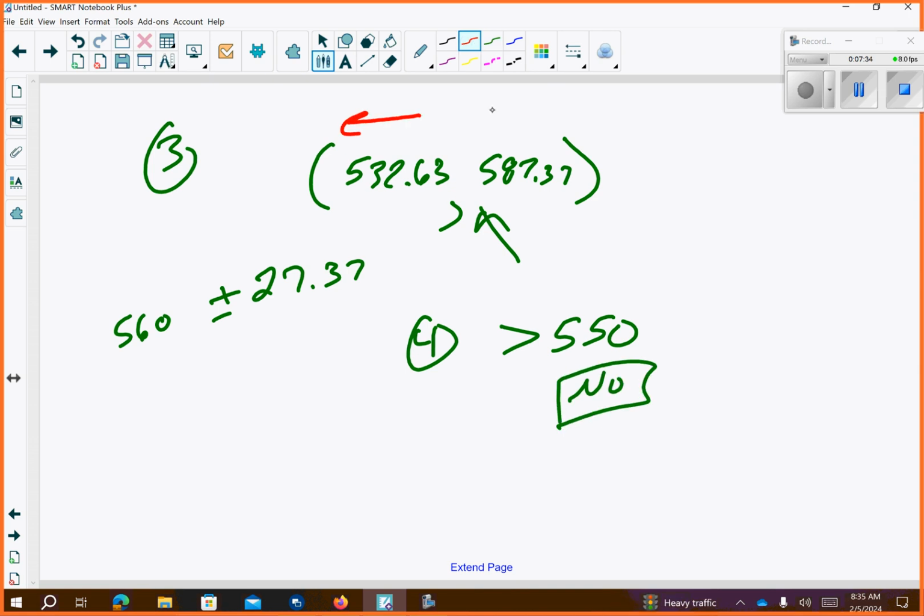We could be close to this side, we could be close to this side. If they said students pay more than $530, there's definitely evidence. But because we're choosing something within our confidence interval, we can't make this conclusion.